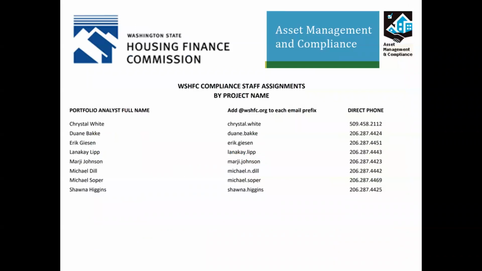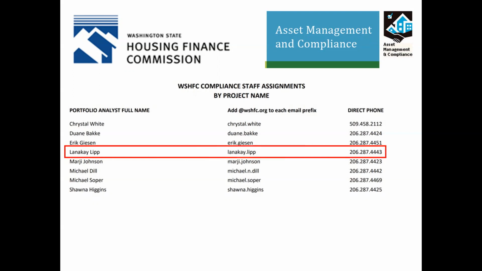And lastly, here are all the portfolio analysts at the Commission. Right now, we're all working from home. So the best way to reach your portfolio analyst if you have a question is to go ahead and give them an email. You can leave a message at our direct lines as well. You'll have to leave a message and we will need to get back with you.